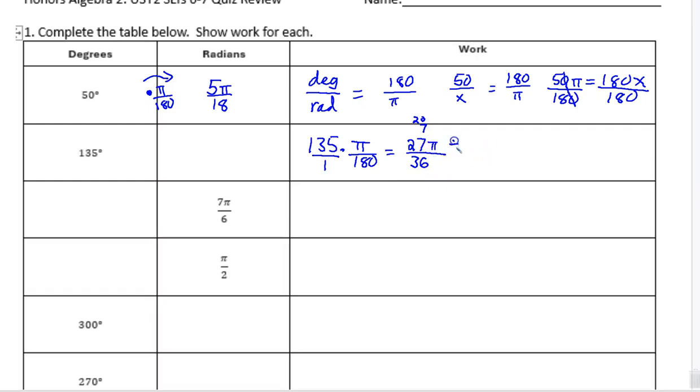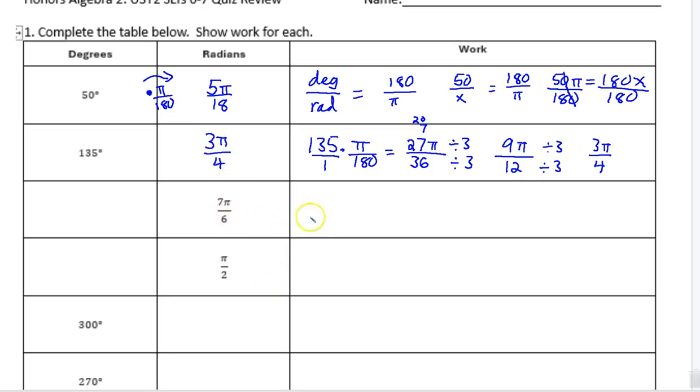Both of those numbers are divisible by 9, and that gives me 3 pi over 4.